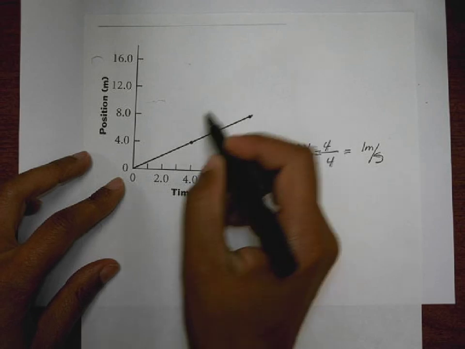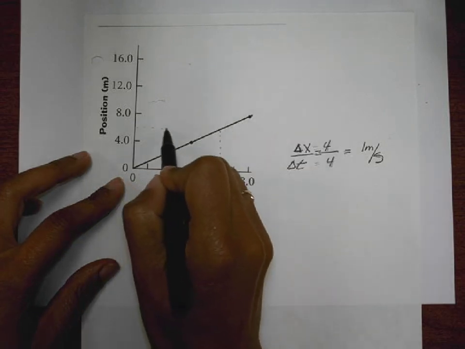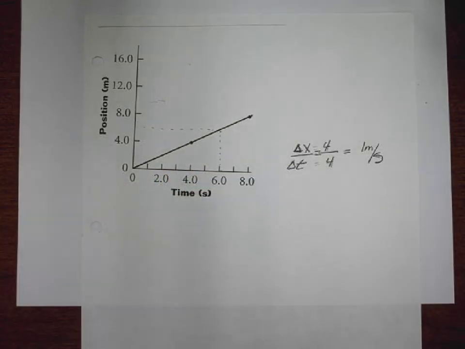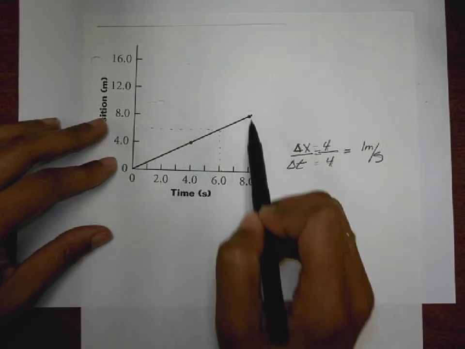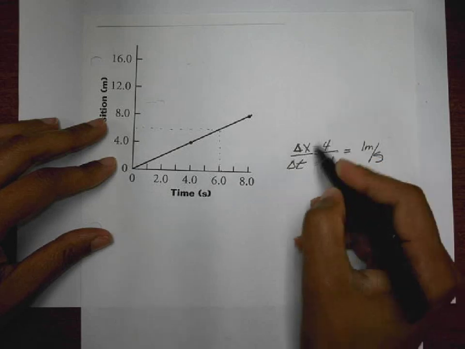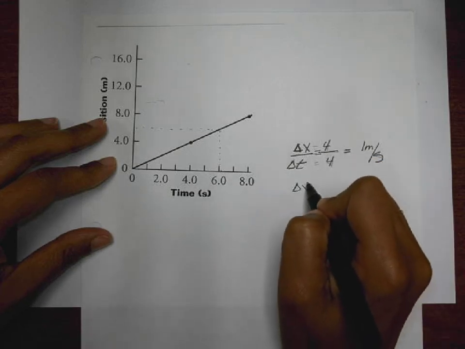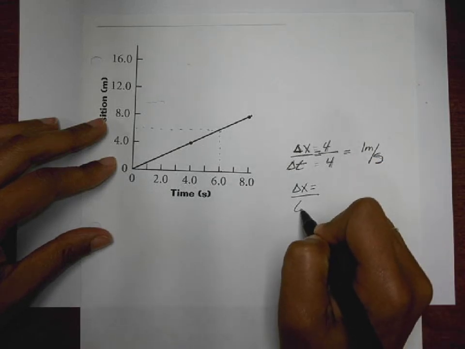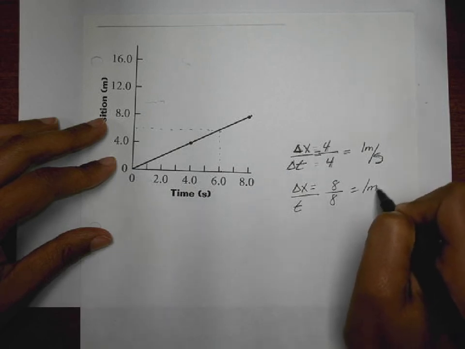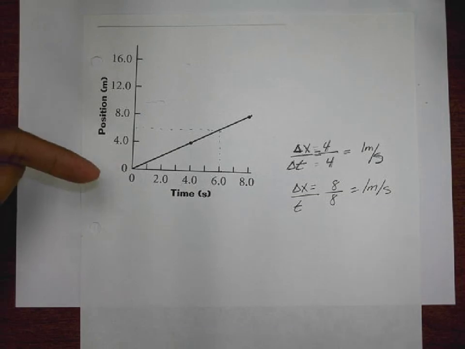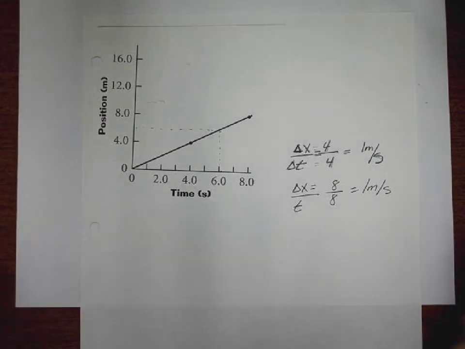At 6 seconds, I would go roughly 6 meters, but let's choose a point that we know for sure. At 8 seconds, I go 8 meters. So delta x over t is equal to 8 over 8, or 1 meter per second. So this object is moving at a constant velocity.